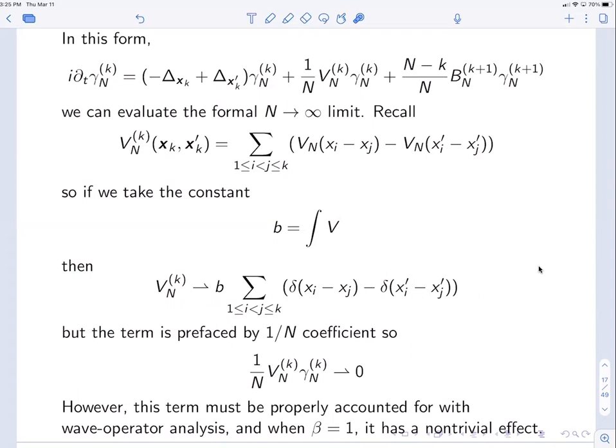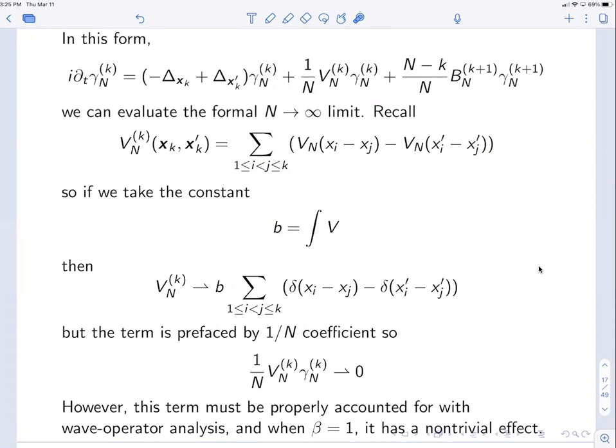And so collectively, this converges in some weak sense as n tends to infinity to these deltas. But the term is prefaced by a 1/n. So we can say, all at the formal level here, that the 1/n will bring us to 0. This will be brought to delta, so we'll just have 0. And the expected contribution of the potential part term should be 0.